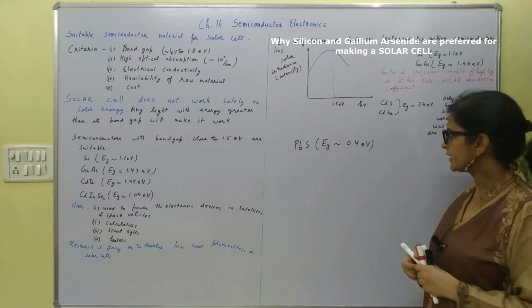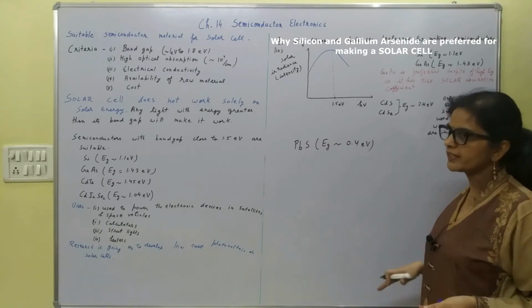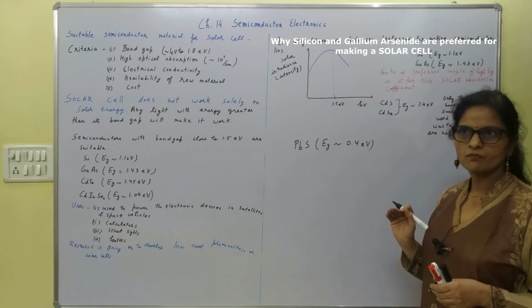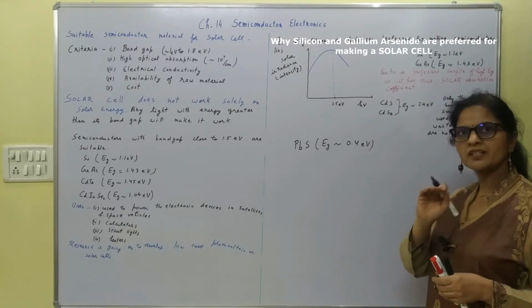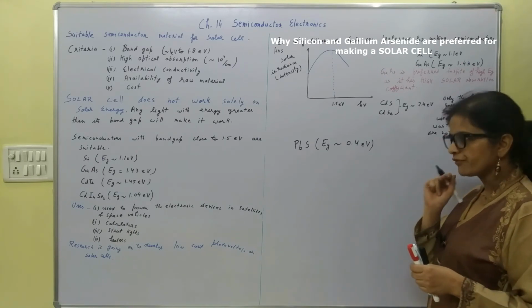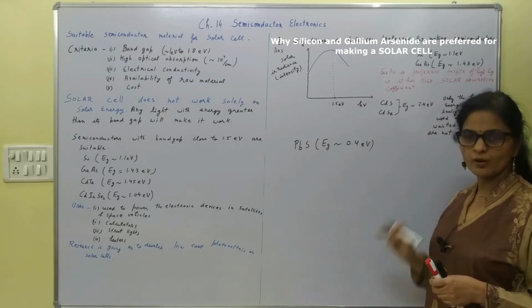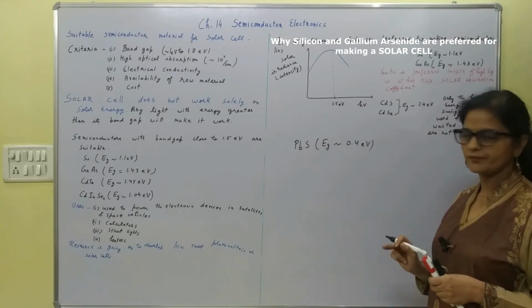Now what will be the effect? It will result in the absorption of all the energy by the upper layers. So the energy will not reach near the junction, right? And for effective separation of the electron hole pairs, this energy is required to reach near the junction, right?